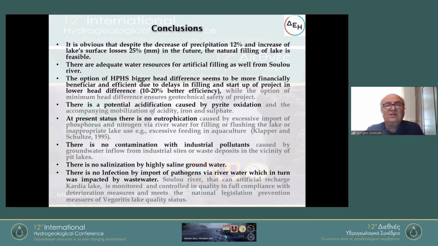There is a potential acidification caused by pyrite oxidation. At present status, there is no eutrophication, there is no contamination with industrial pollutions, there is no salinization by high saline groundwater, there is no infection by imported pathogens via river water, which in turn was impacted by wastewater.